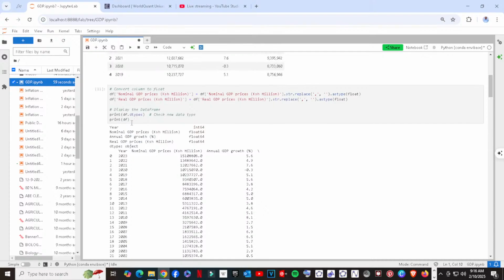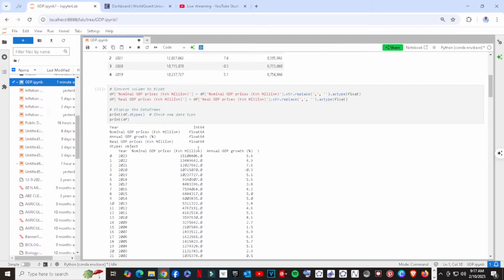And if you check here, after running the code, this is what I see. Now I see that my year is okay. Nominal GDP prices is float, okay. Annual GDP growth percentage is okay, float. Real GDP prices is also okay.